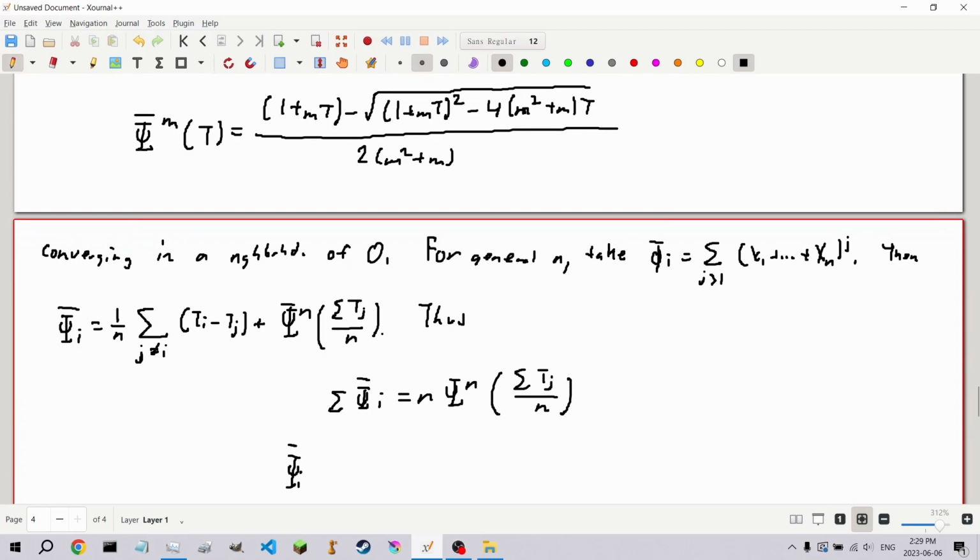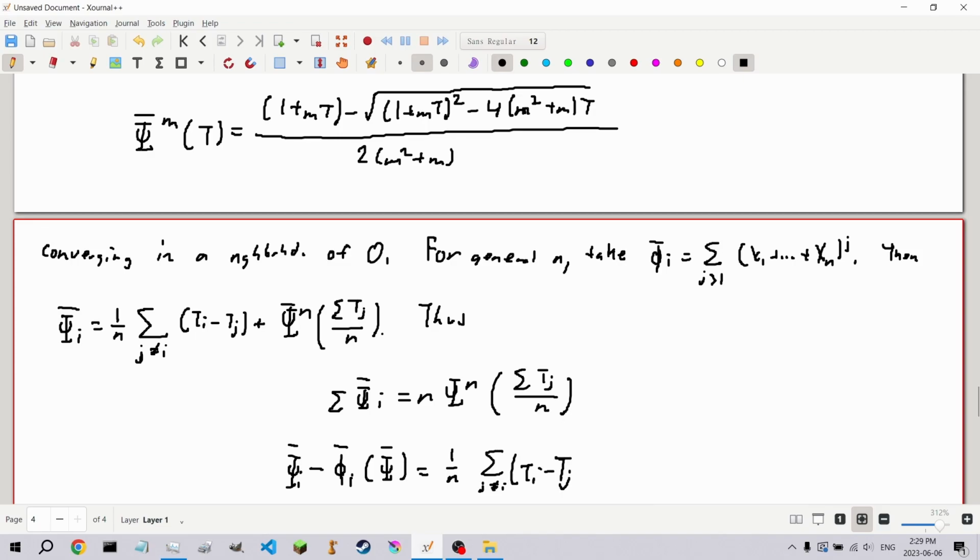Now our psi bar i, over phi bar i to the psi bar, is 1 over n times the sum for j distinct from i of ti minus tj.